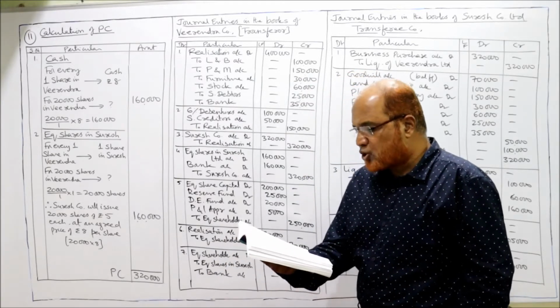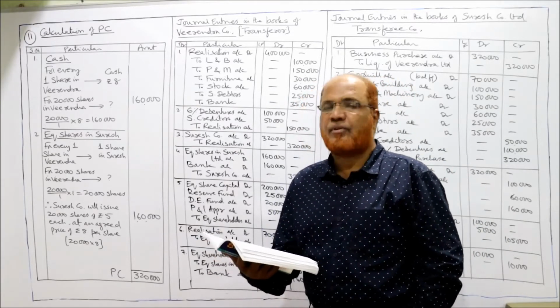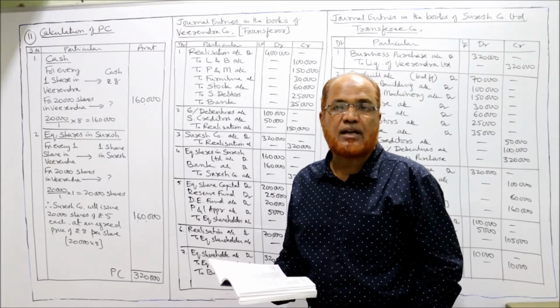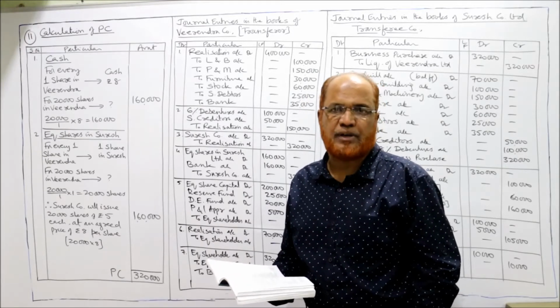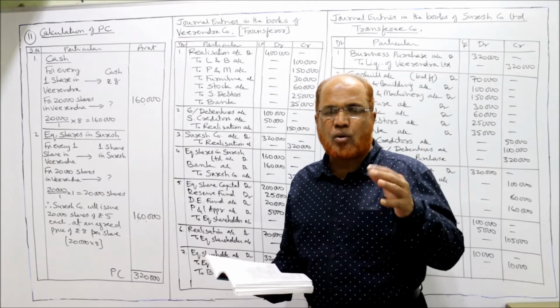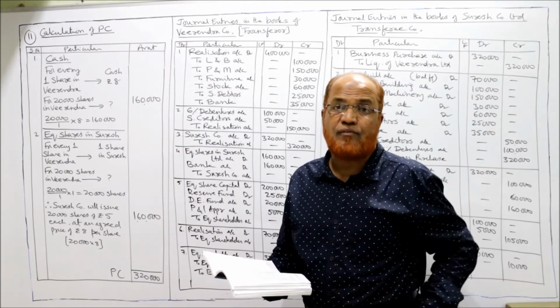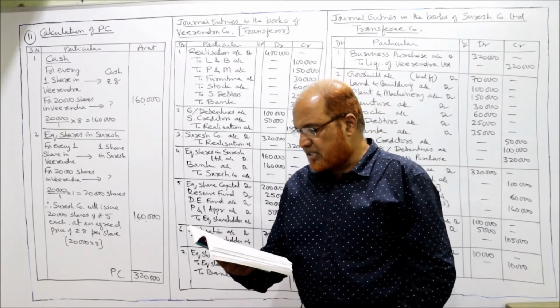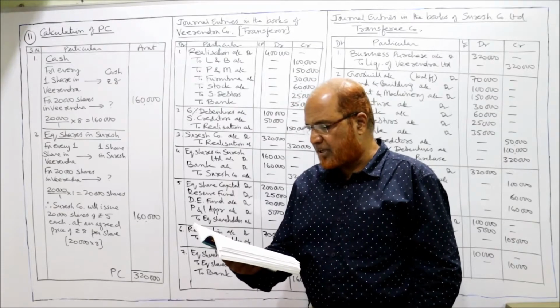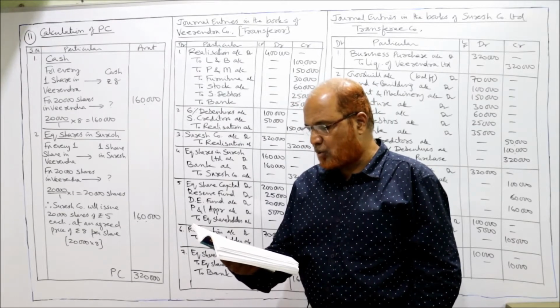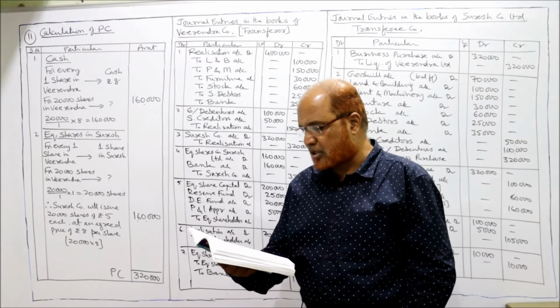The company is absorbed by Suresh Company Limited on the above date. Suresh Company is the transferee company, the purchasing company. So Suresh Company is acquiring, purchasing the business of Virendra Limited. The consideration for absorption is the discharge of debentures at a premium of 5% by the issue of 8% debentures in Suresh Company.